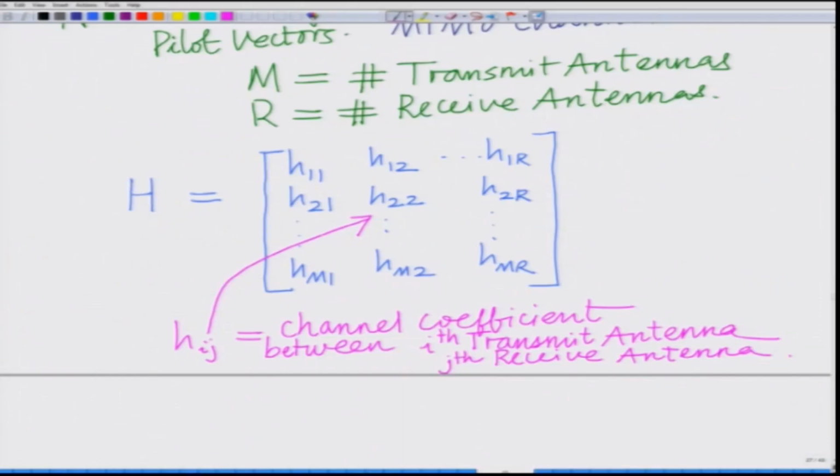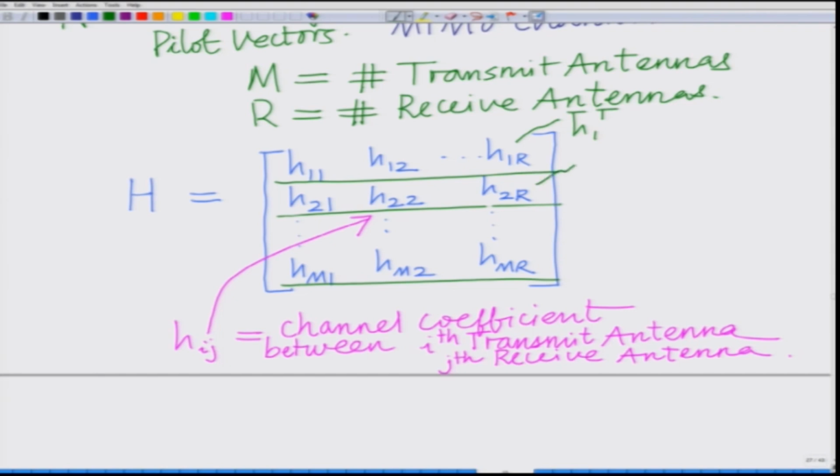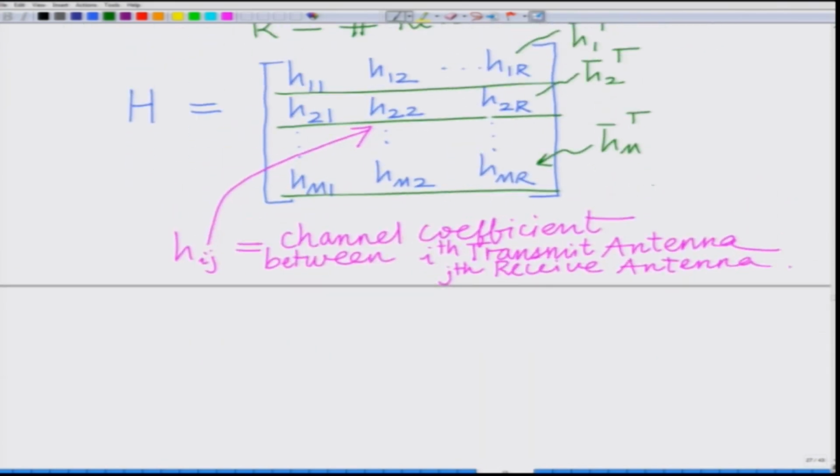What we are going to do now is organize this as a grouping of rows. So, let us call the first row H1 bar transpose, the second row H2 bar transpose, and the last row HM bar transpose, because each row is a row vector, and I am denoting it by the transpose of a column vector, alright.